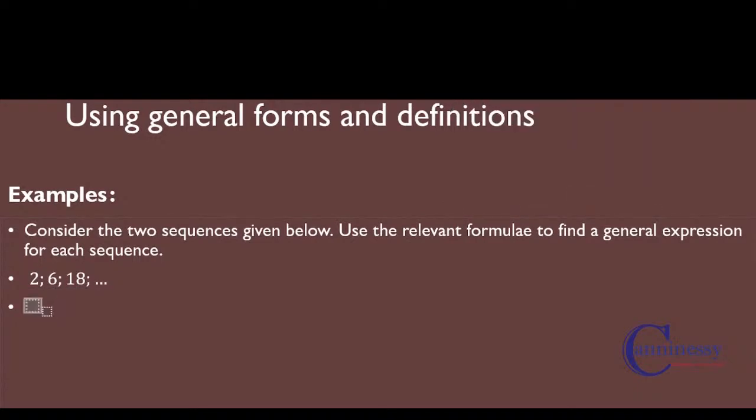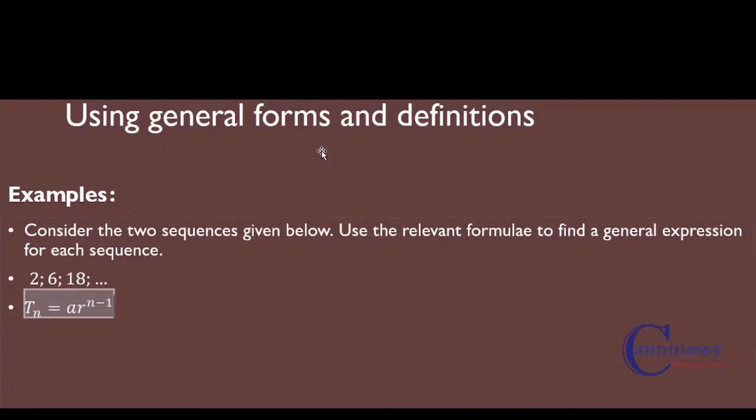So here Tn is equal to AR to the power n minus 1.